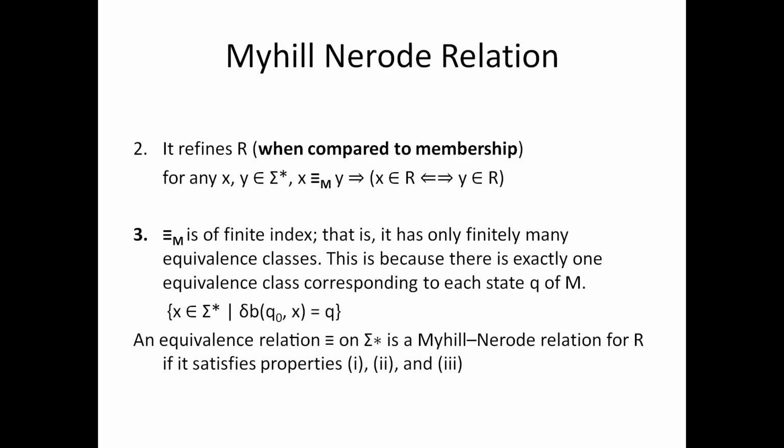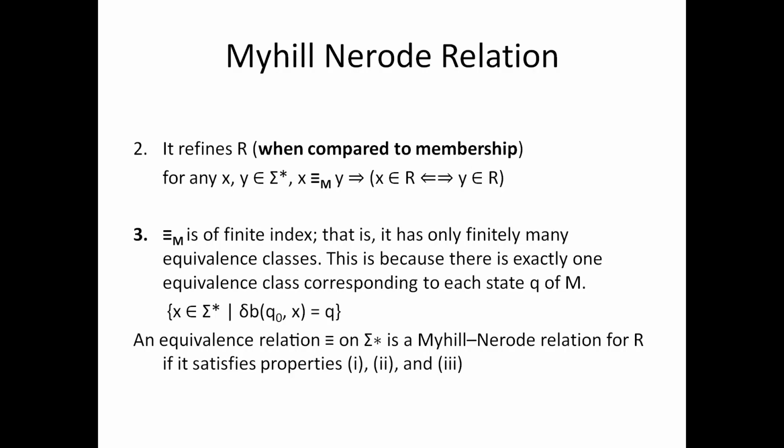The next property is that the equivalence relation will be of finite index. That is also very evident in the case of a DFA. If x is an element of sigma star, then when we read x, we will reach some state.